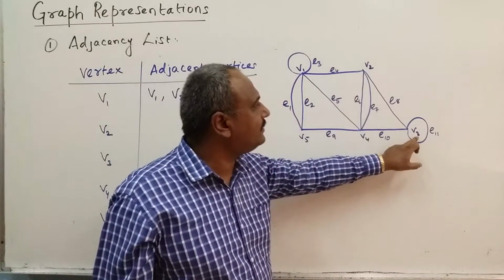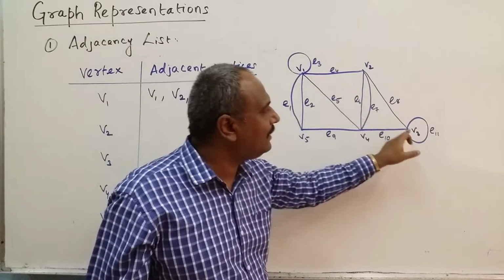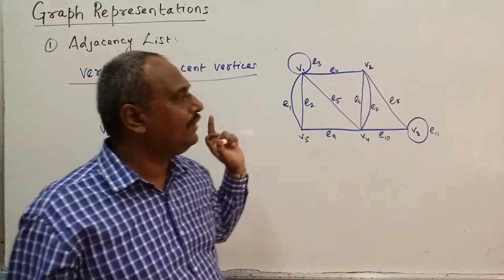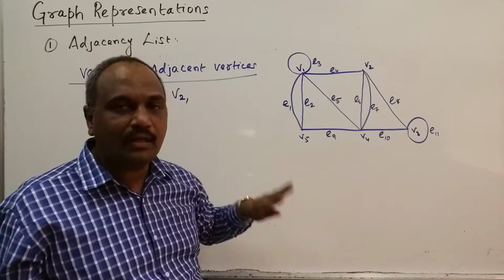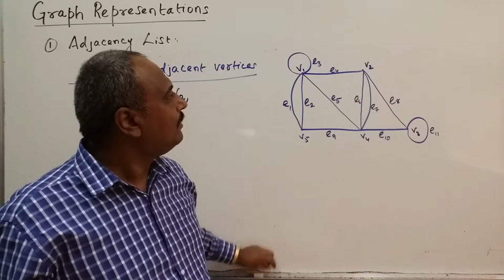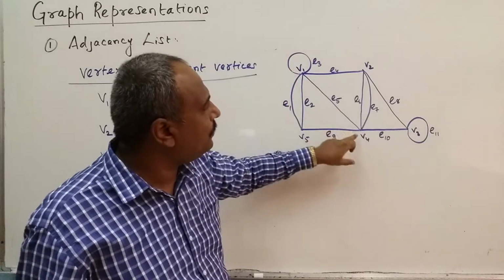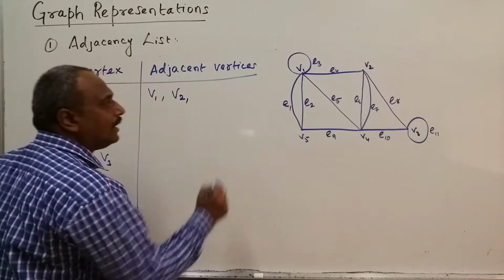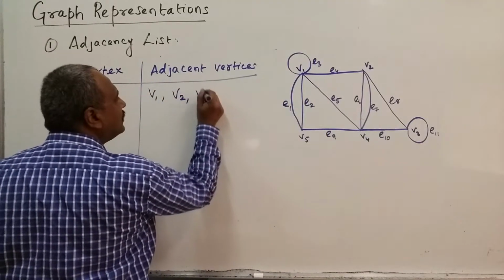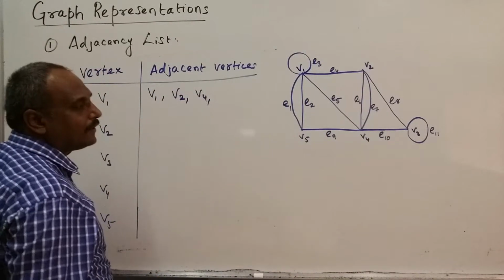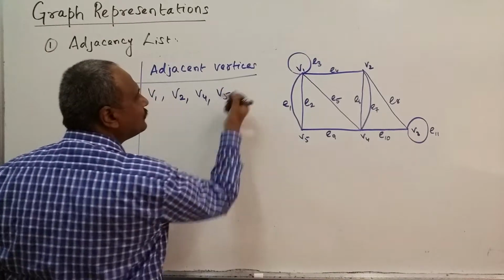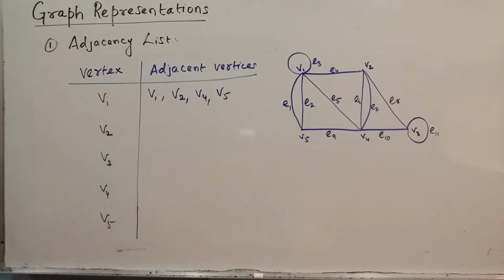When I check for V3, there is no direct link between V1 and V3, so they are not adjacent. When I am taking V4, V1 and V4, yes, they are connected with an edge, so V4 is adjacent to V1. V5 again, yes, it is connected, so V5 is adjacent to V1.